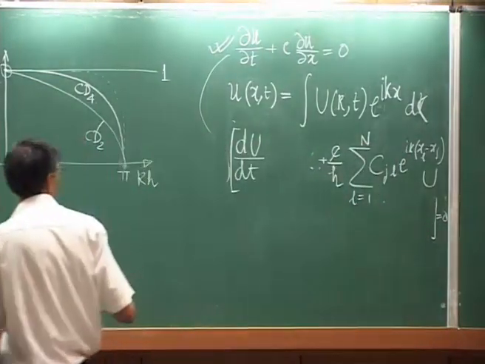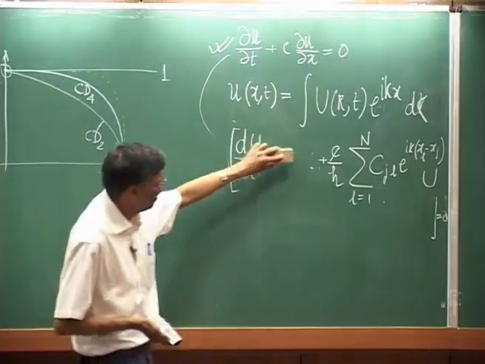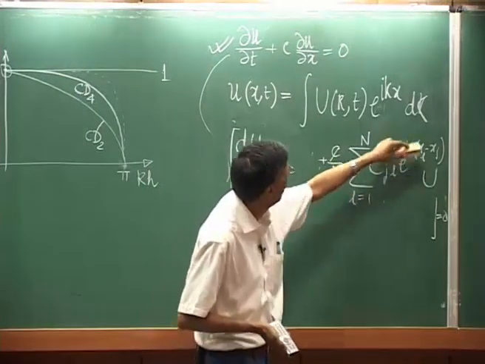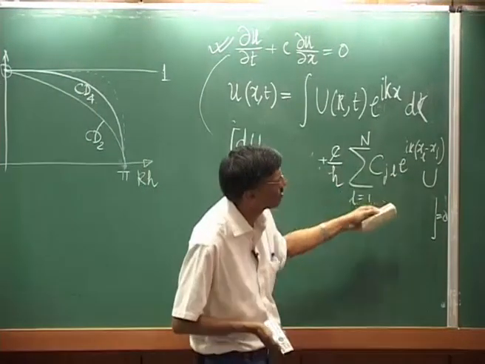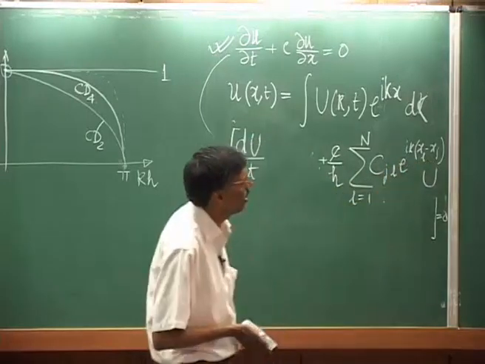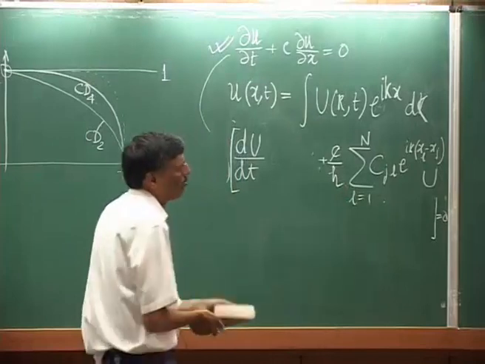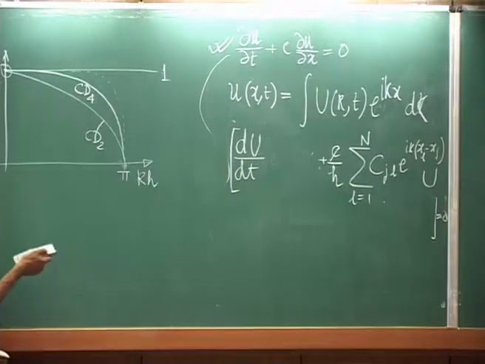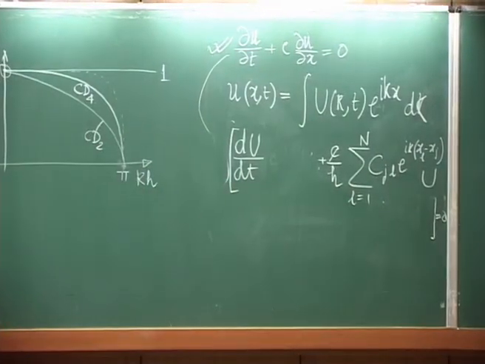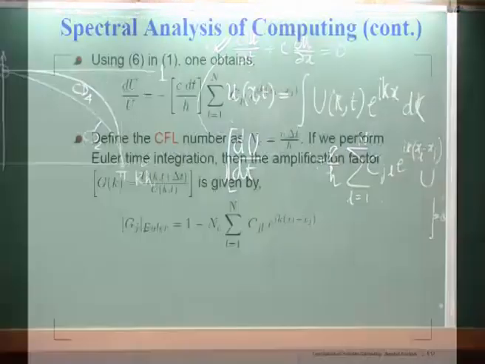So, I have du dt plus c by h, and the C matrix operating on the projection operator times u, and a little bit of manipulation will get you in this form.